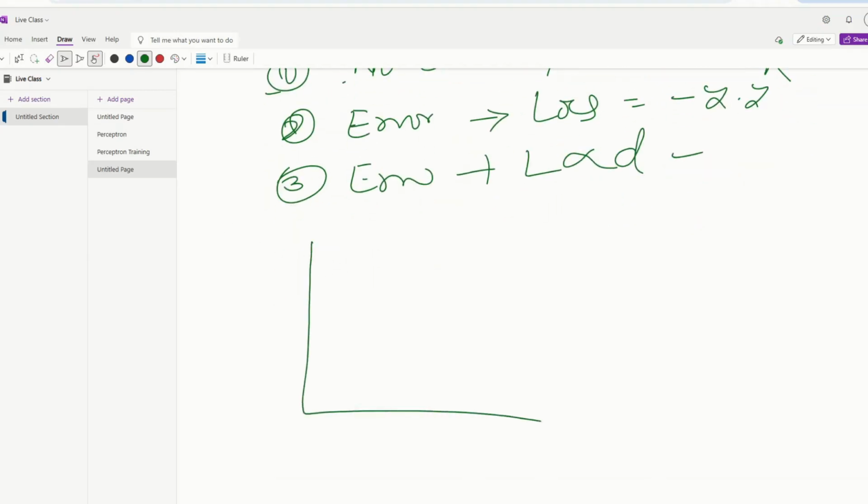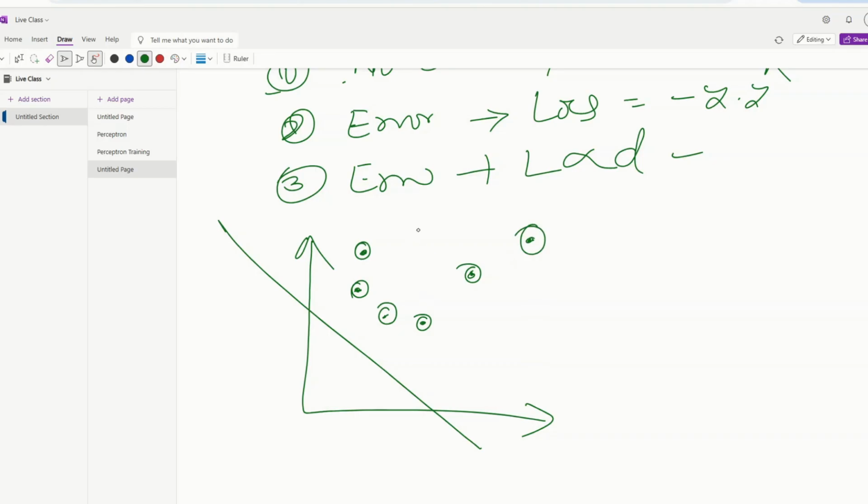Suppose this is my line, and let's pretend that these are the misclassified points, the error points. This is the distance from the boundary, this distance, this distance, this distance.